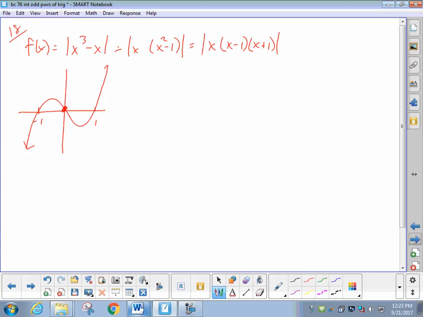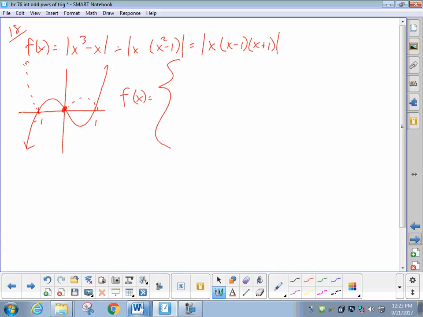What does the absolute value then do? It flips everything that would be negative. All right. So we have this. Now, if I say this as a piecewise function, then any piece that was positive didn't get changed at all, and so it's exactly the same.